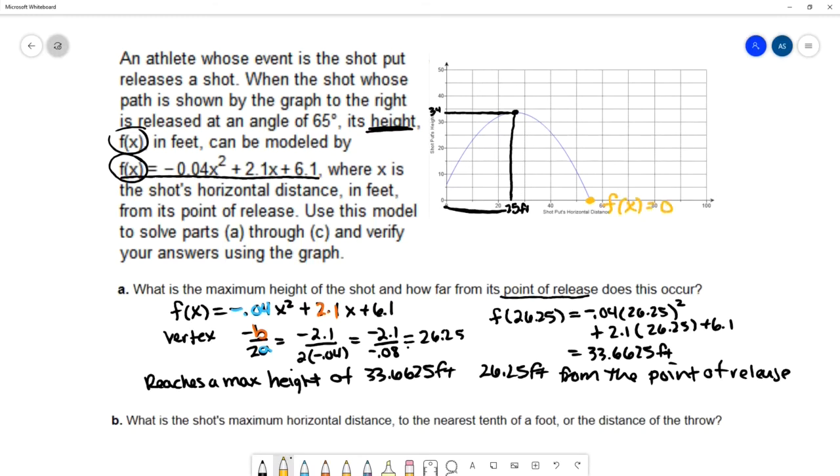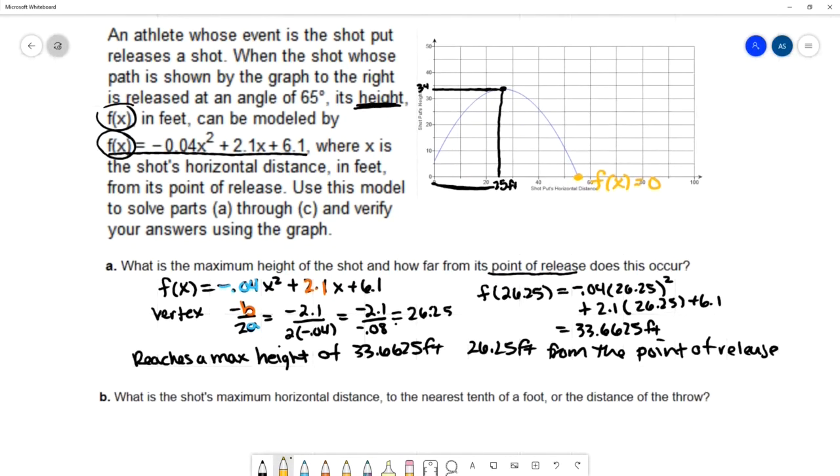So we can find the maximum distance of the throw by setting our function equal to 0. So we're going to solve f of x equal to 0.